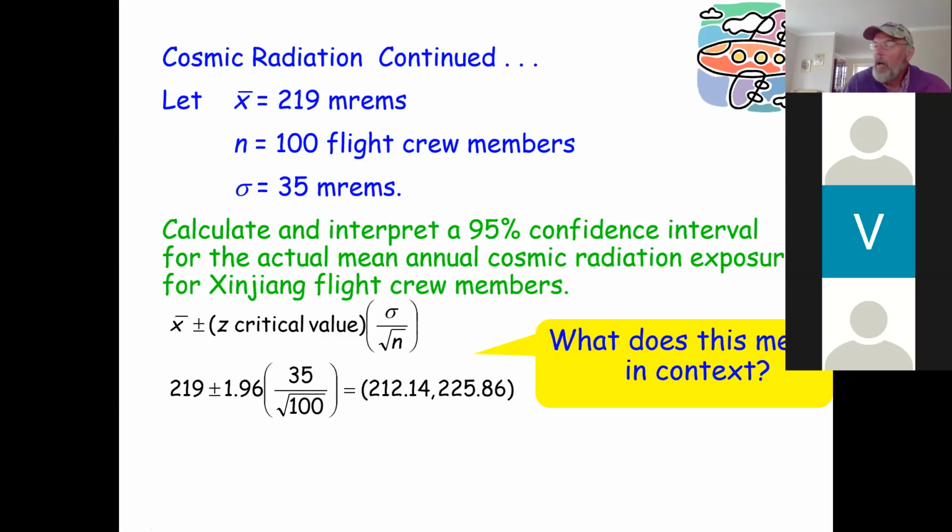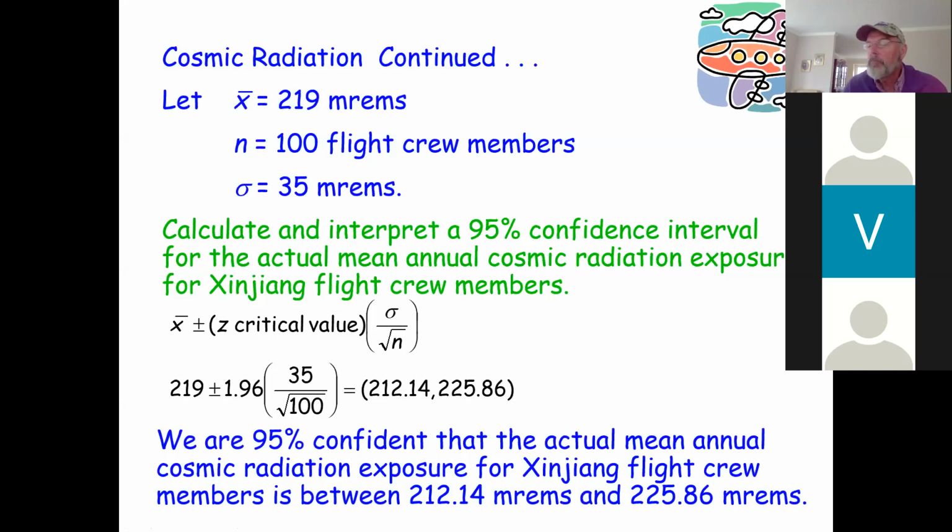Okay, so let's think about this in terms of context. We have the confidence interval, we have these values, but now we want to put them into context. We want to interpret our findings. We are 95% confident. That's the phrase that starts the conclusion.